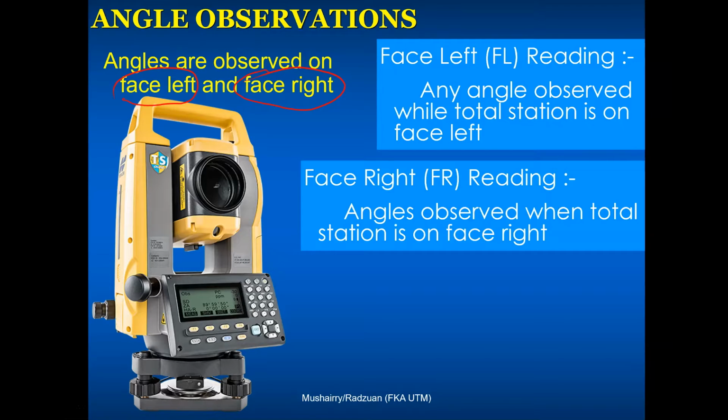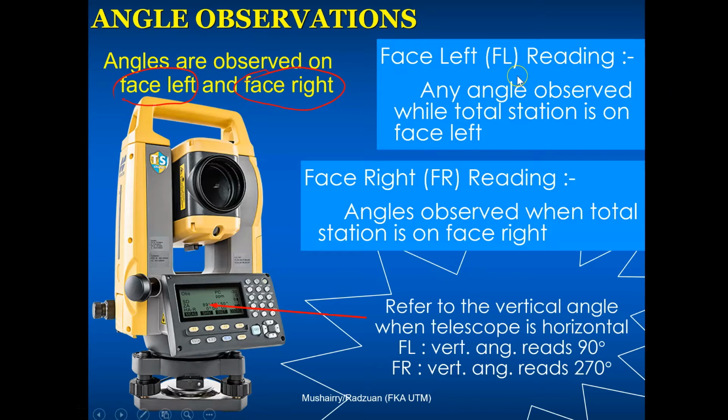So how do we tell whether we are on face left or face right? There are several ways of doing that, but I think the easiest way using a digital equipment like this would be simply by looking at the vertical angle. If the vertical angle reads 90 degrees when the telescope is horizontal, then you know it's face left.